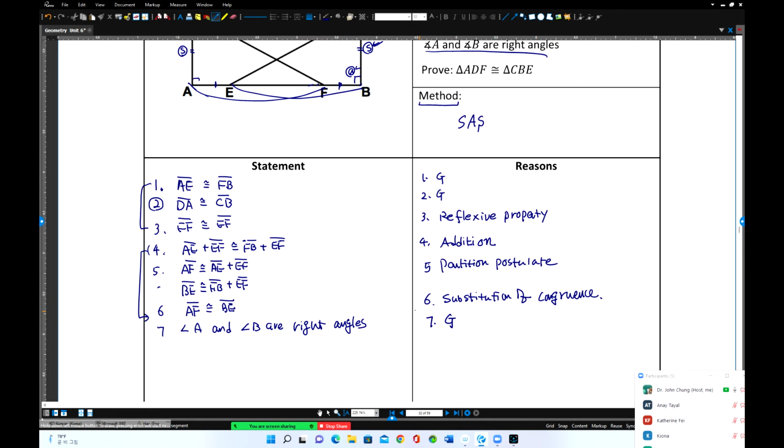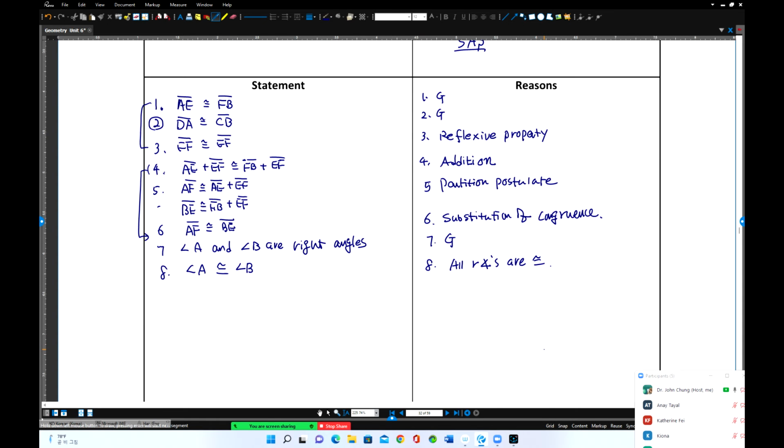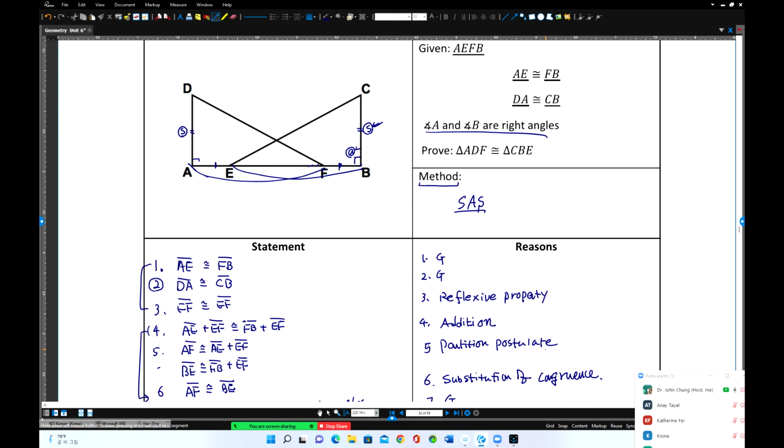This is another given. After that, you can say angle A is congruent, because we have to go side angle side. We have to say they are congruent. All right angles are congruent. You can use this symbol. Now you got everything, right? Side angle side.